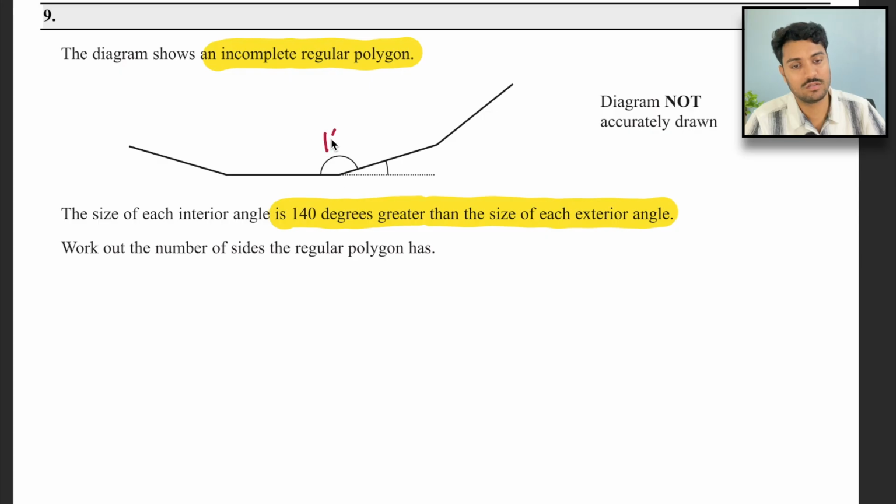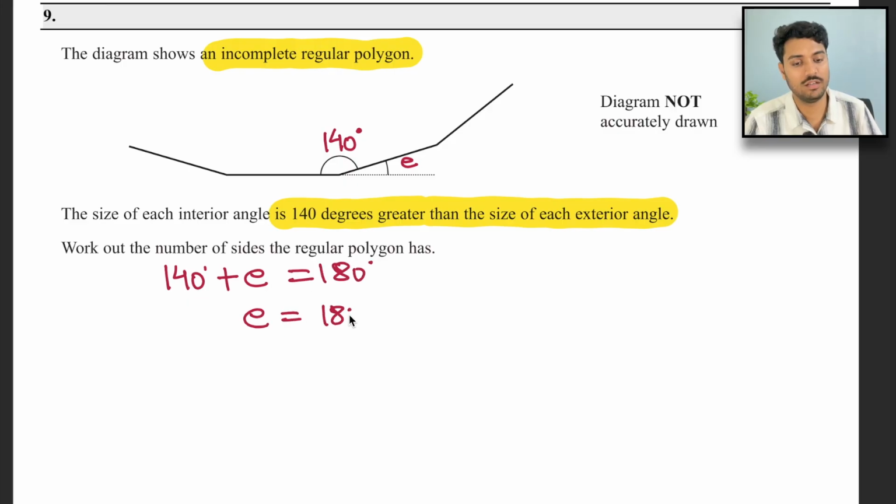So this is 140 degrees and this is, let's say, unknown exterior angle E. So we can find the exterior angle. So 140 plus E is equal to 180 degrees. E will be 180 degrees minus 140 degrees. So E will be 40 degrees.